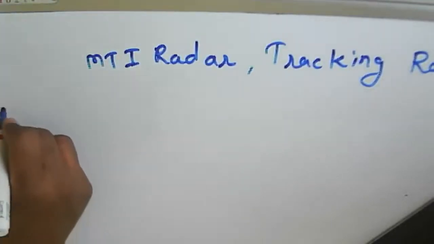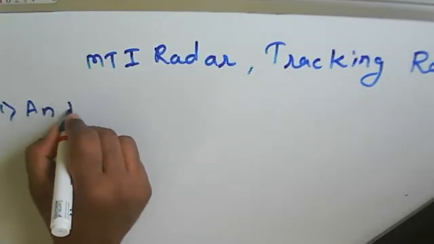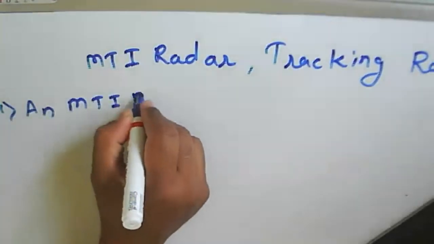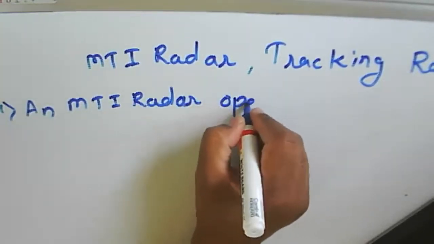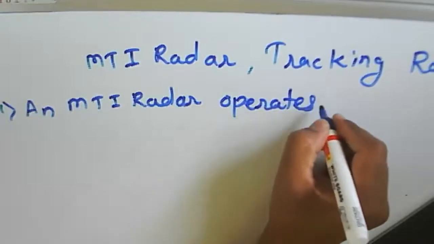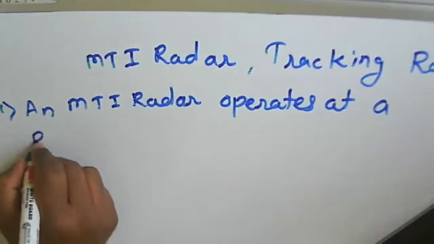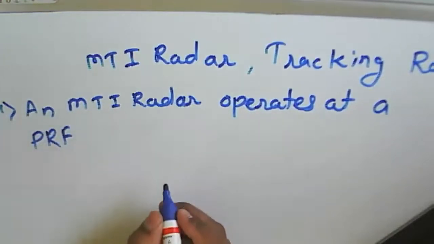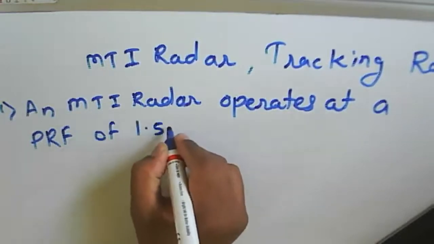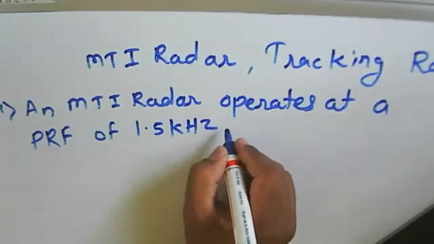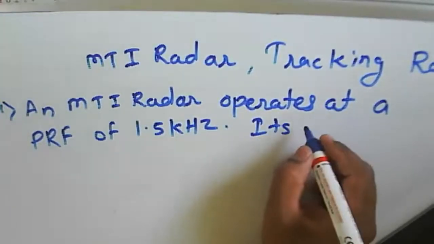An MTI radar operates at a PRF, that is a pulse repetition frequency, of 1.5 kilohertz.